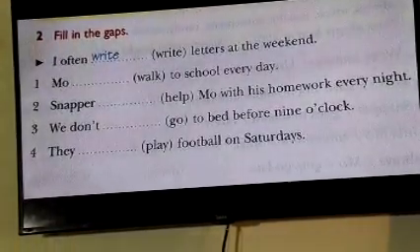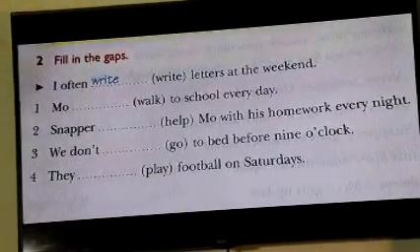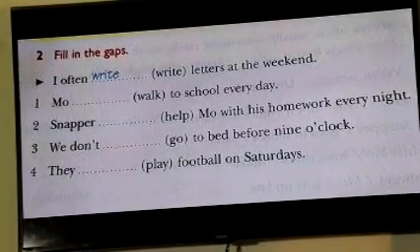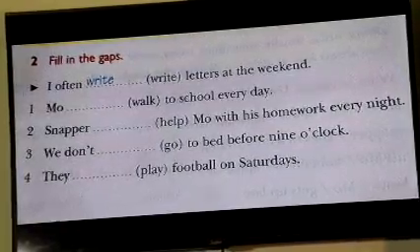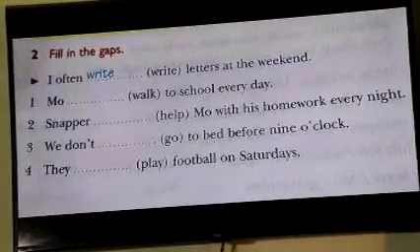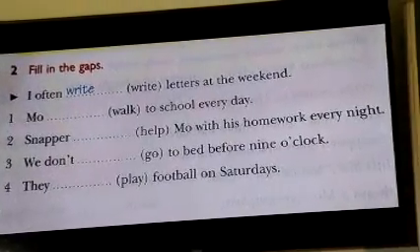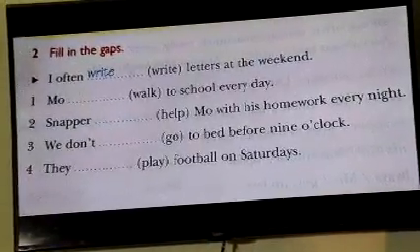So walks to school every day. Mo walks to school every day. Siyad walks to school every day. Nitya walks to school every day. So singular, all right? Okay, the teacher walks to school every day.